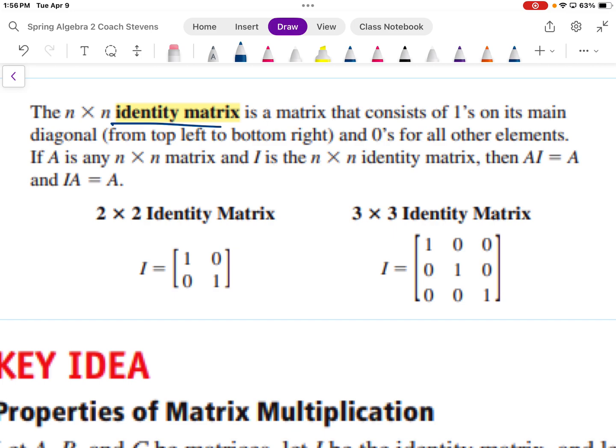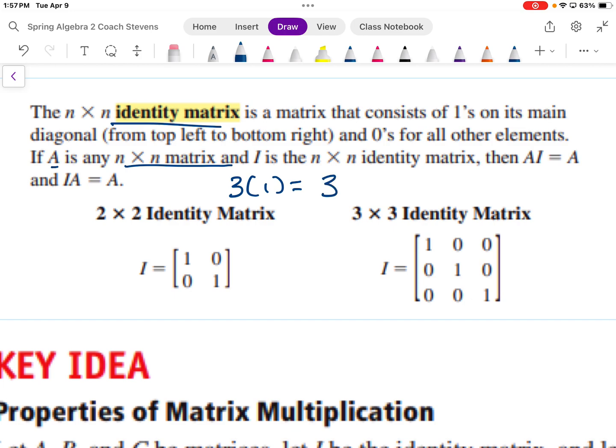This is the last statement there. It says if matrix A is an identity matrix, when I multiply a matrix by the identity matrix, I get basically what I started with. So when you multiply by the identity matrix, you just get back the original thing. It's almost like if I take the number 3 and multiply it by 1, what's my answer?